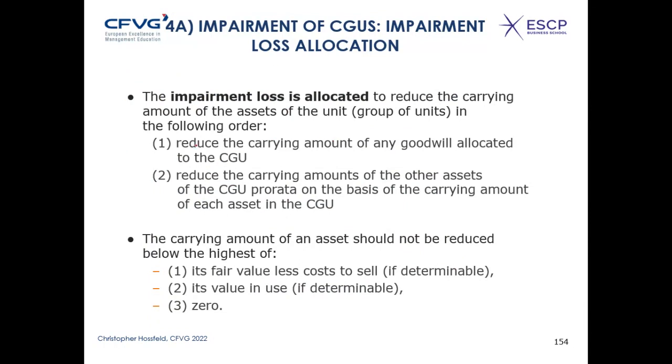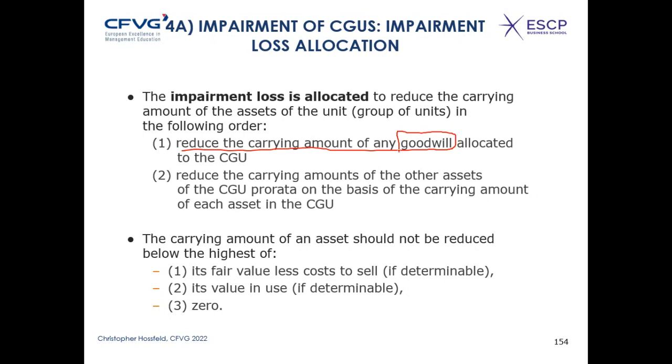And the first rule is I will reduce the book value of goodwill first. Okay, so if there is goodwill in the cash generating unit, any impairment loss will first be allocated to goodwill. Well, you can understand why, what we saw in the second part, because goodwill is expected synergies, its future outlook, and so on.